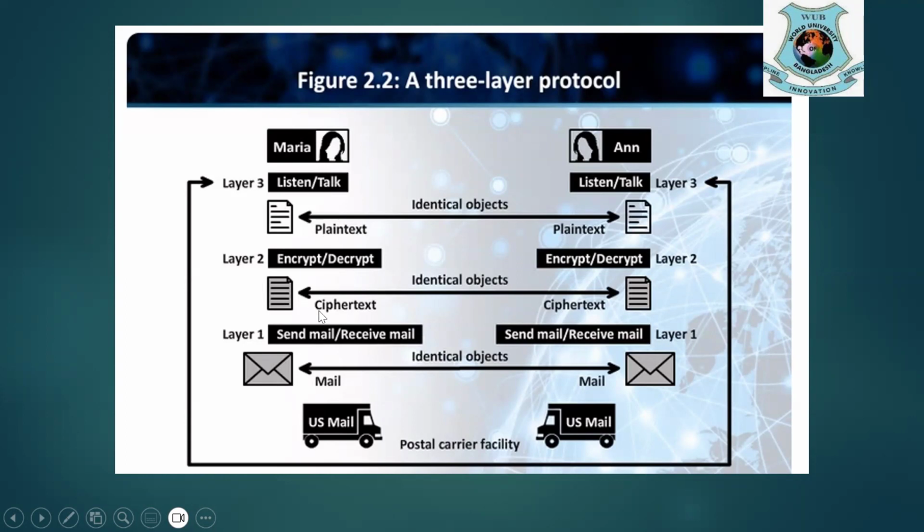Now this ciphertext is inserted in an envelope, and in layer 1, this envelope is sent via some delivery process or postal carrier, and this mail is received at the receiving section of Anne.